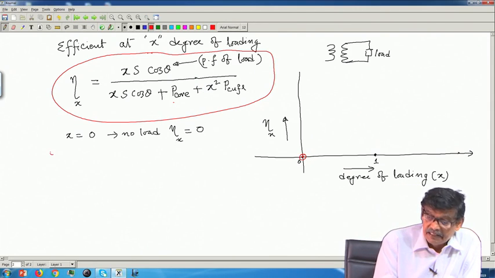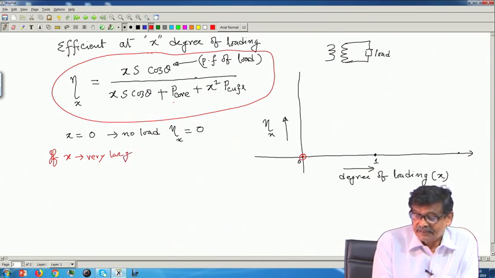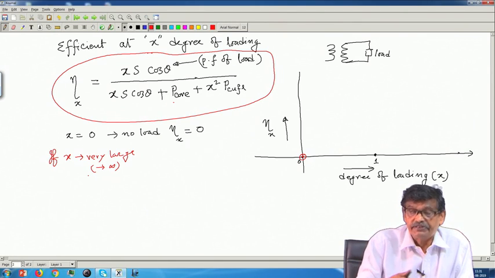If x tends to very large, going to infinity, what will happen to this efficiency term?